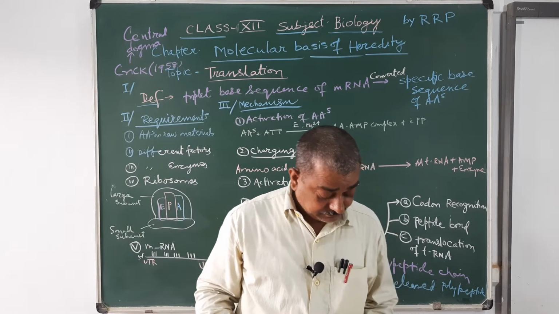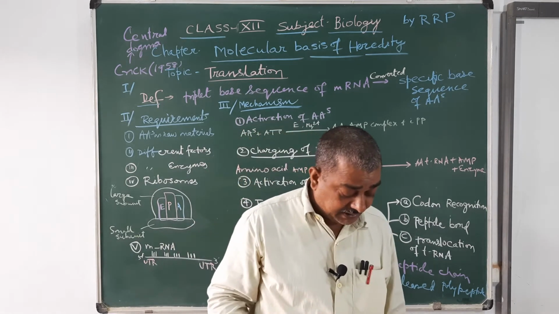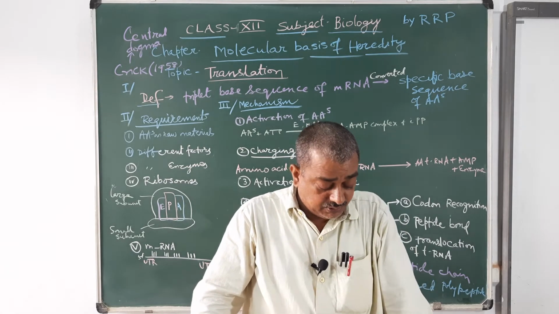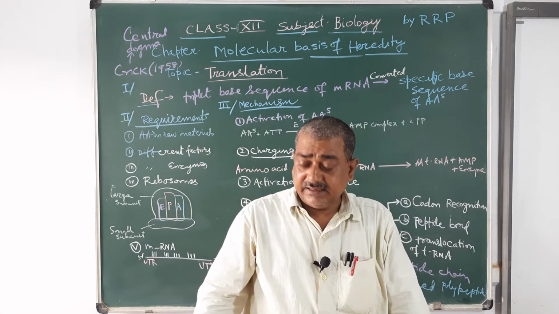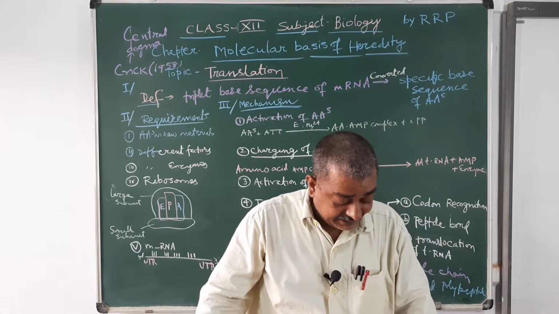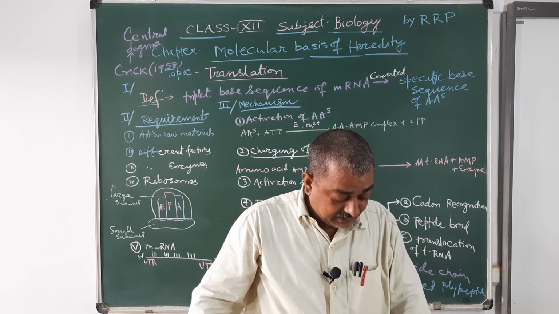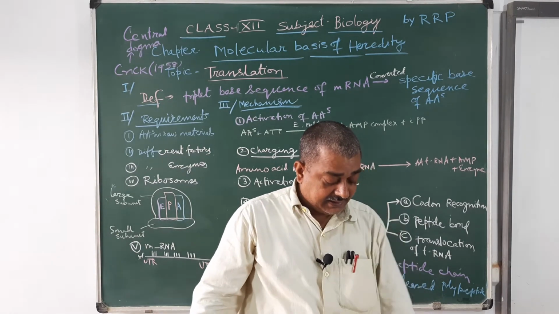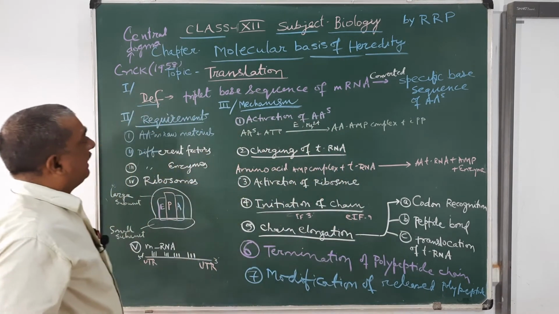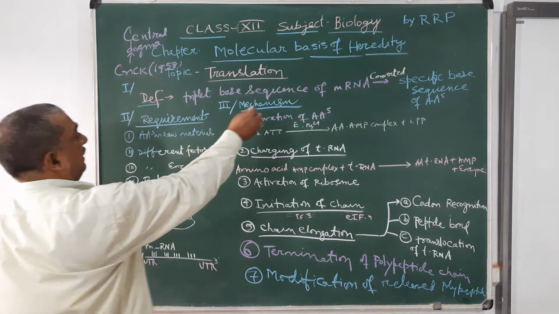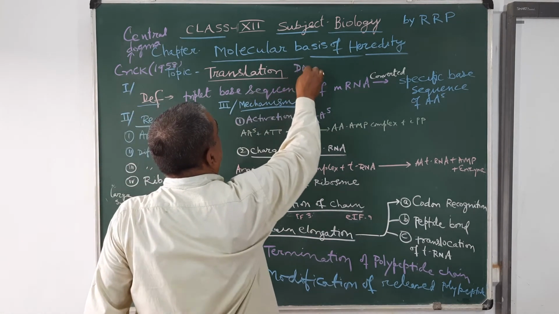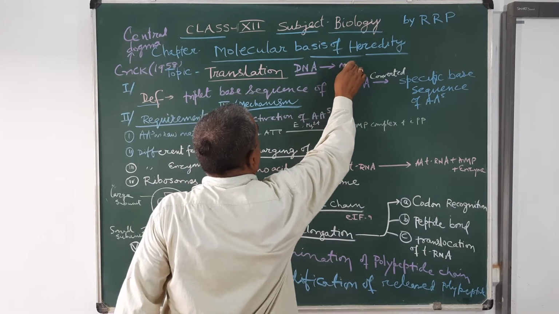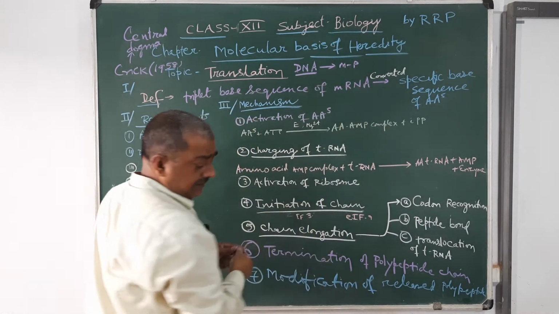The ribosomes are the manufacturing centers, and DNA gives the instructions. DNA is the permanent master document from which master copies are prepared in the form of messenger RNA.